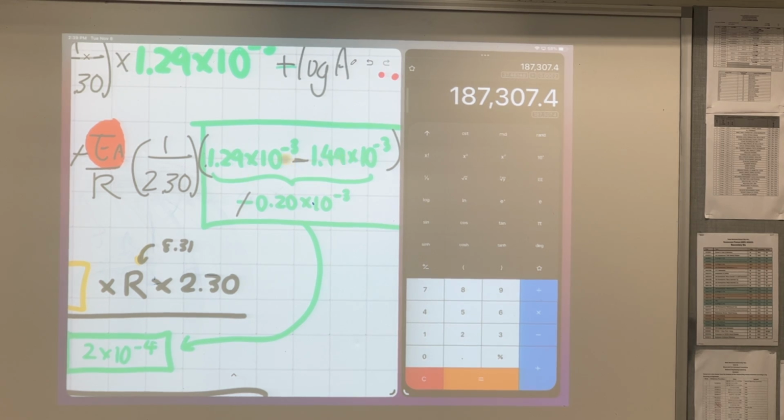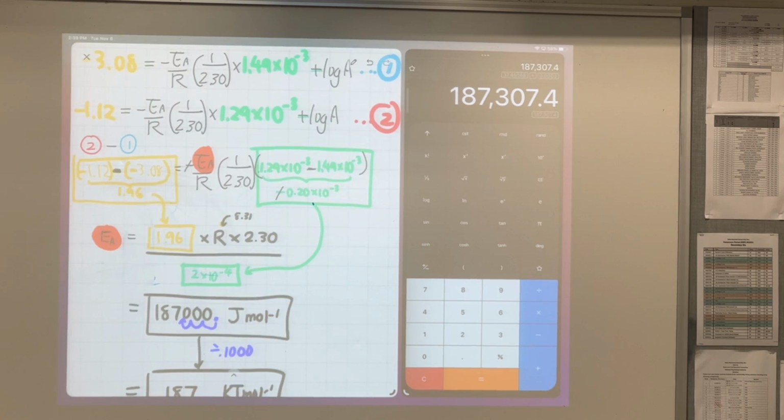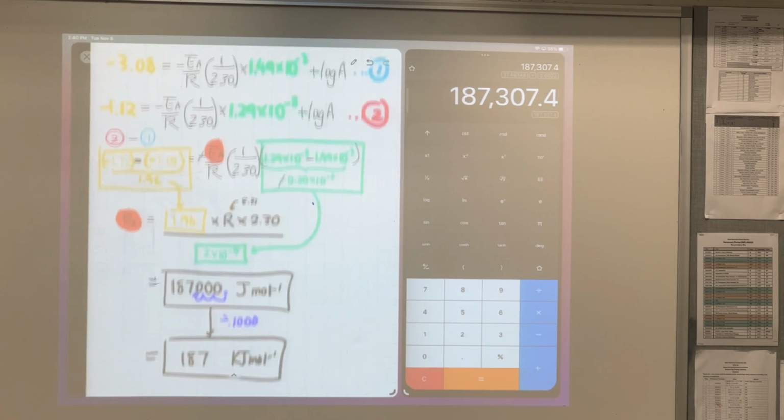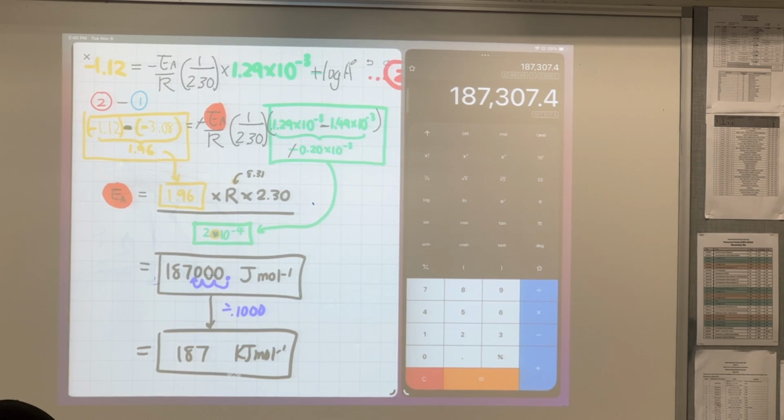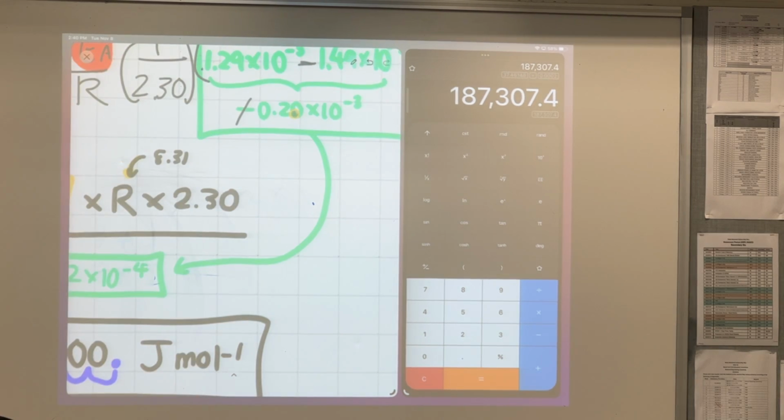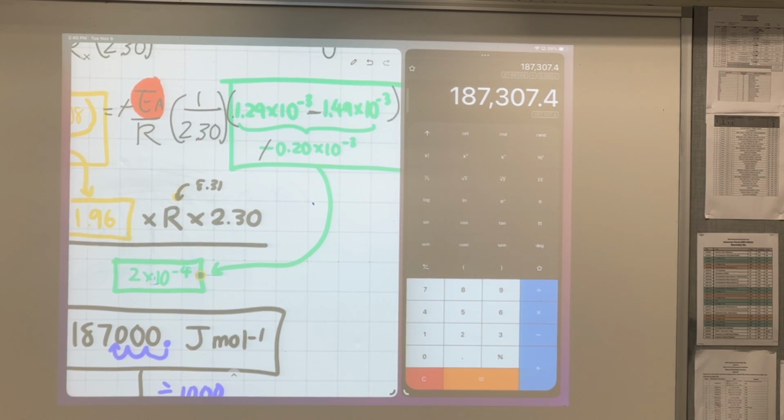Yes. I got the same answer. This is 2 times 10 to the power negative 4, because 0.2 times 10 to the power negative 3 means 2 times 10 to the power negative 4.